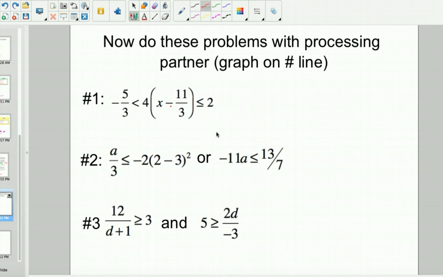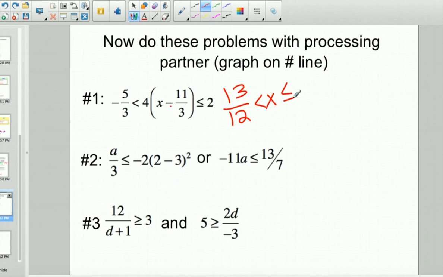First one, we should get an answer of 13/12 is less than x, which is less than or equal to 25/6, I believe. So it would be an and inequality. The second one tells us that it's or, which is nice.